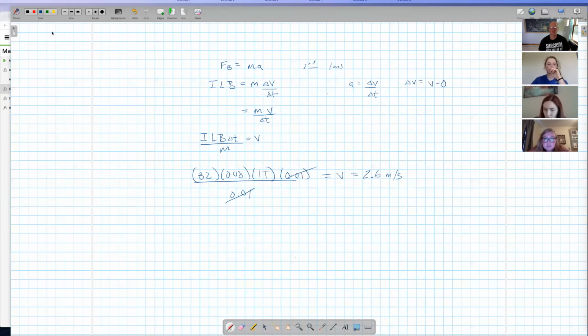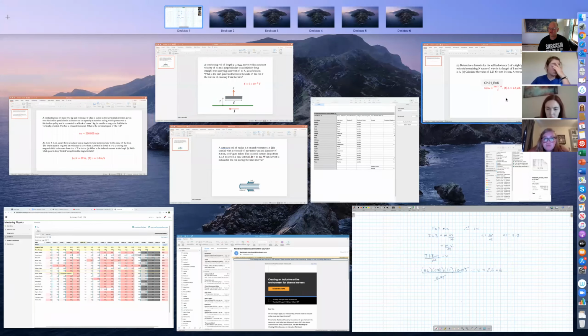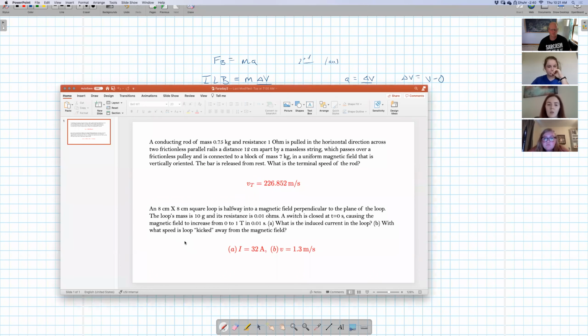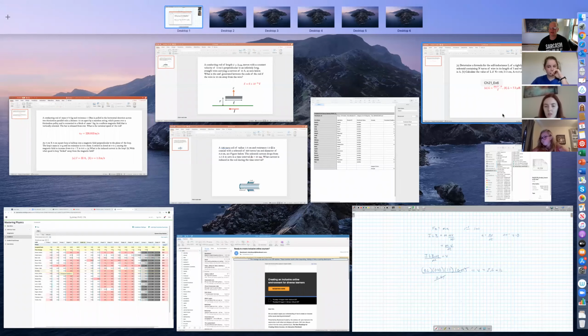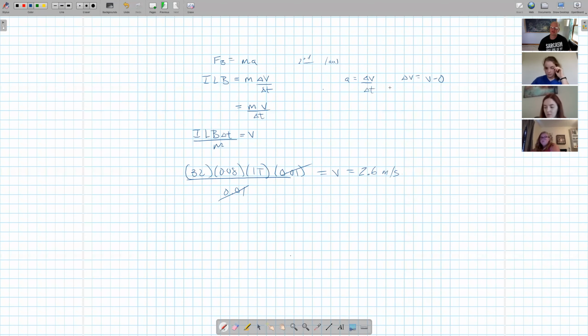We got double. That was double what I wrote? Yeah, because it says 1.3 meters per second. Oh, okay, I see what I did. Let me change one thing. Another way we can write the acceleration, which is what I actually did, was the average velocity divided by the change in time.